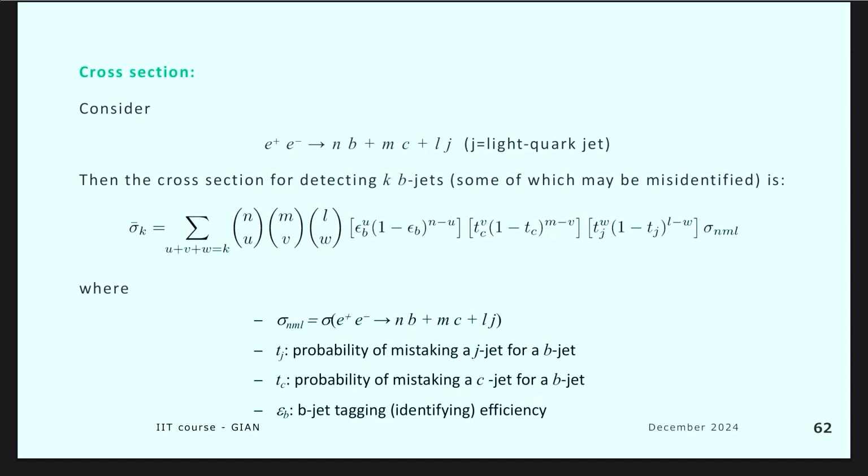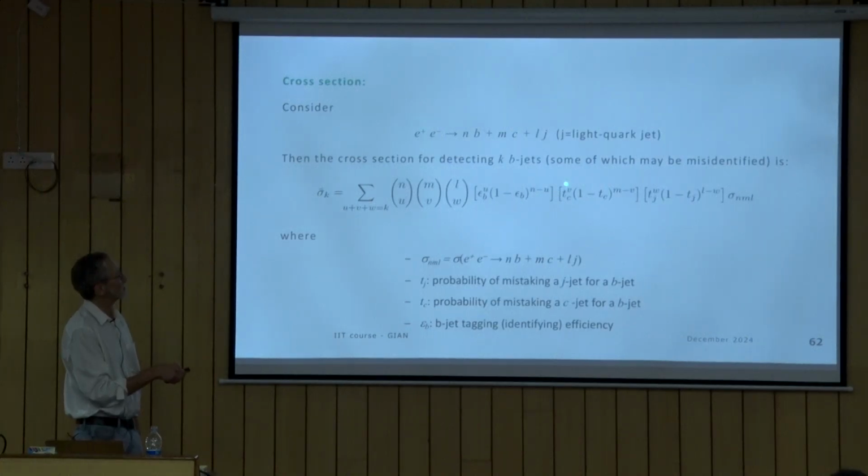And this is the cross-section then that you measure. This is the probability of actually identifying a B quark, u of them. Okay, u, v, and w are integers. u of them you identify correctly, n minus u of them you misidentify.